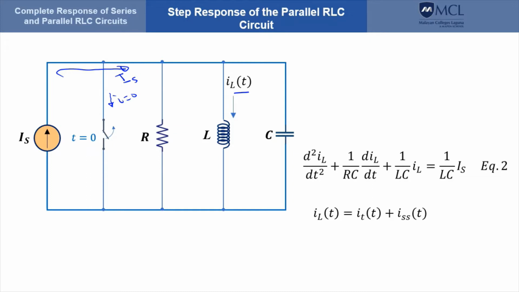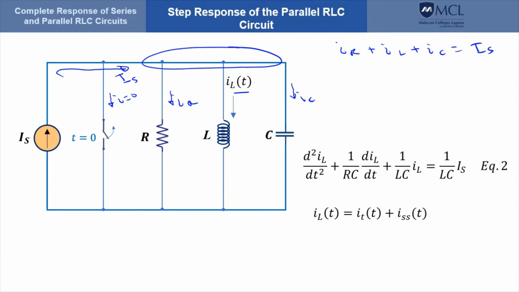And so how do we form the differential equation? Take note that if this is IR here, and this is IC, by KCL on this node here, we have IR plus IL plus IC equals I sub S.